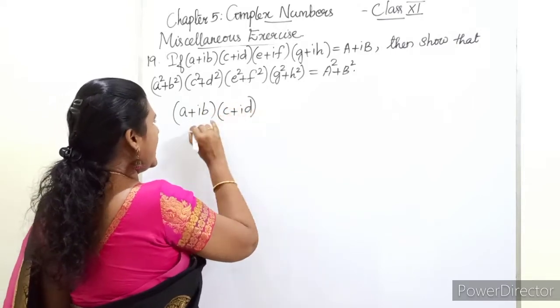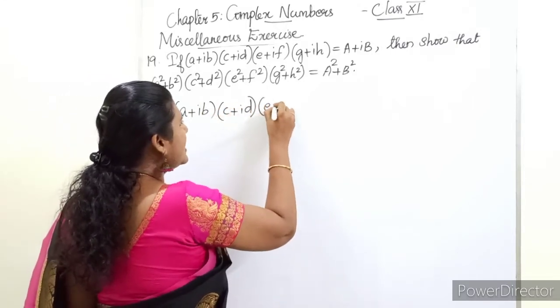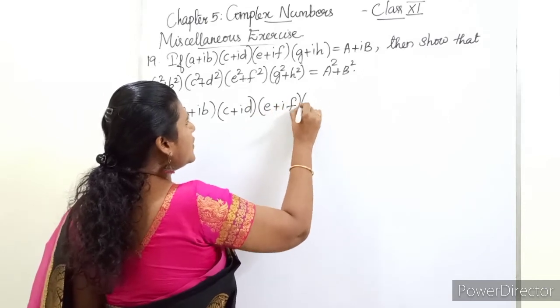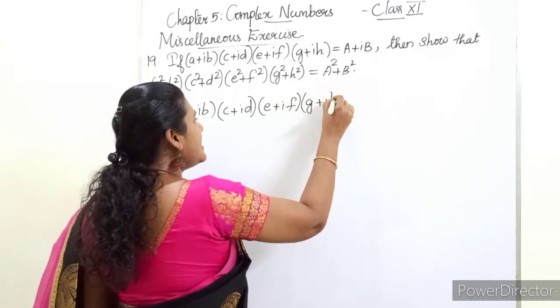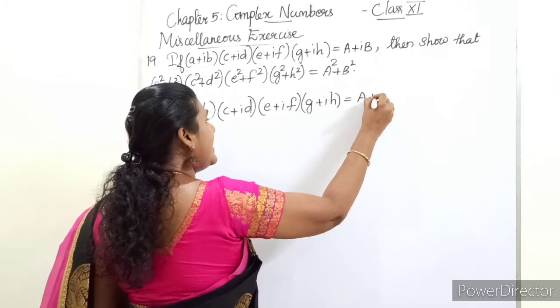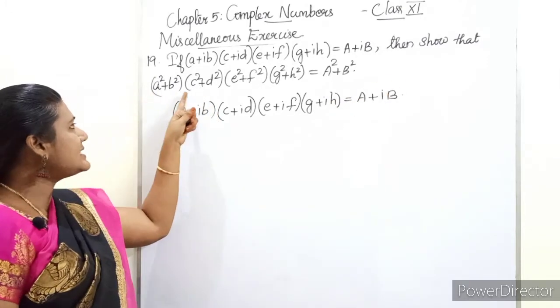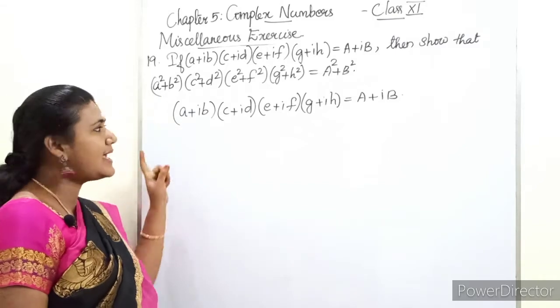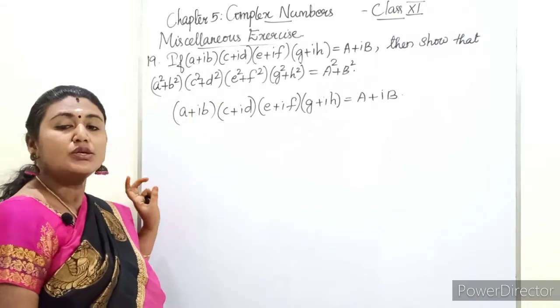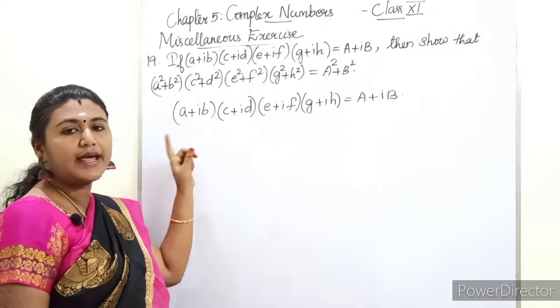So we start with the given condition: (a plus ib)(c plus id)(e plus if)(g plus ih) is equal to capital A plus iB. Now you see here in the answer we need a square plus b square. i is not there in the answer. So we will take modulus on either side.